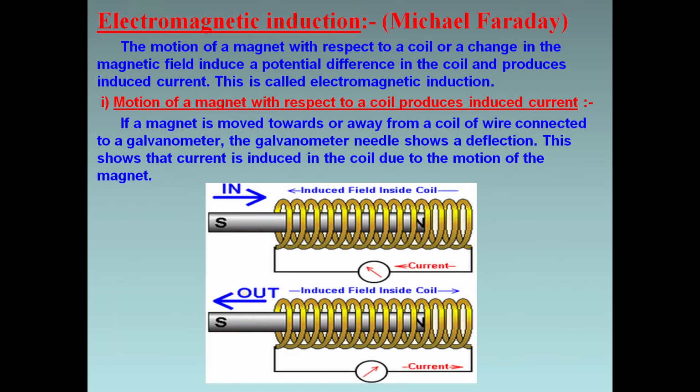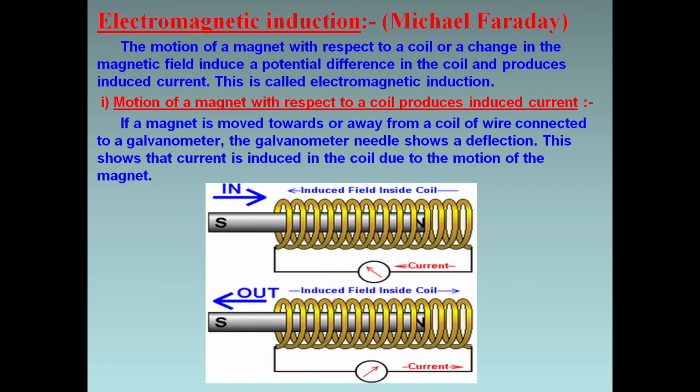Now let us learn about electromagnetic induction. What is this? This process is about production of electricity with the help of magnetic effect. The motion of a magnet with respect to a coil or a change in the magnetic field induces a potential difference in the coil and produces induced current.